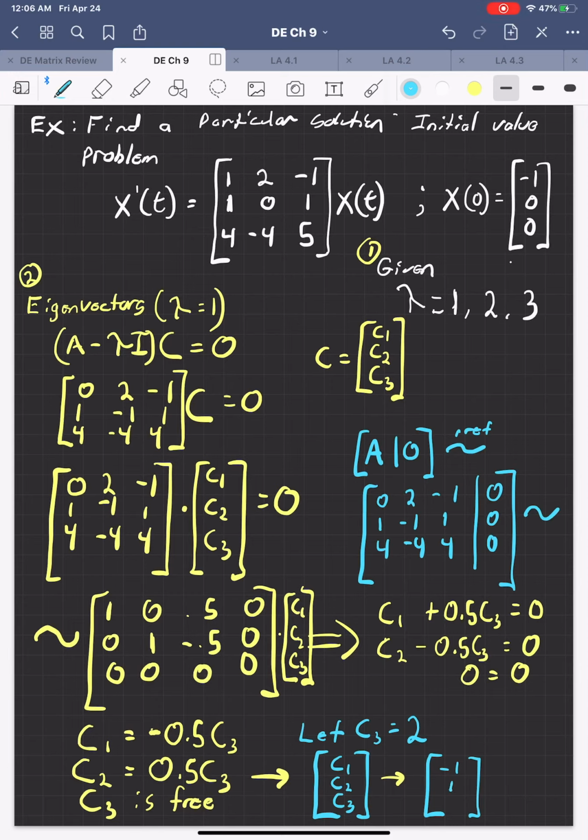Half of 2 would be 1. And what did we say C sub 3 is? Well, we said it was 2. All right, so this is the eigenvector associated with the eigenvalue of 1.